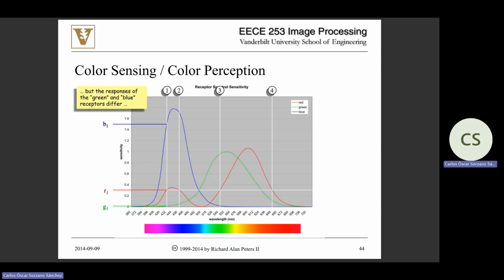The red cone is firing at this rate, but then you look at the other two. Let's say that the color is this one. Then the blue one is firing, so it is very much activated, and the green one is almost silent. So now you recognize this pattern and say, okay, there is a blue firing a lot, red in the middle, and green almost silent. So that is this color.